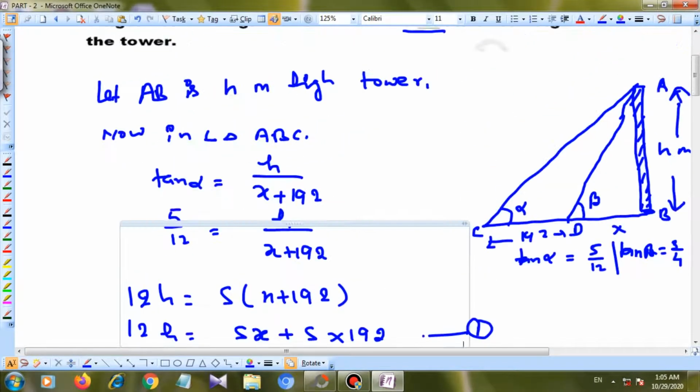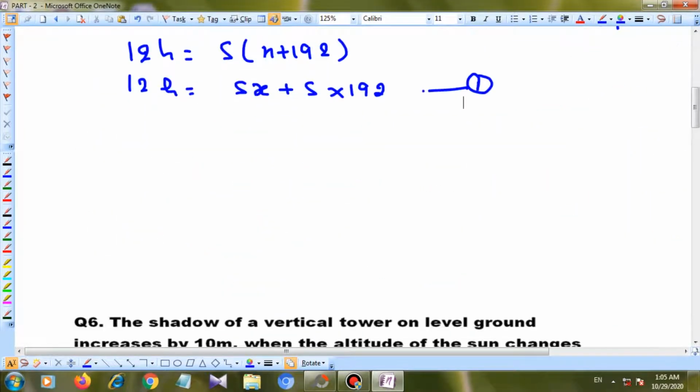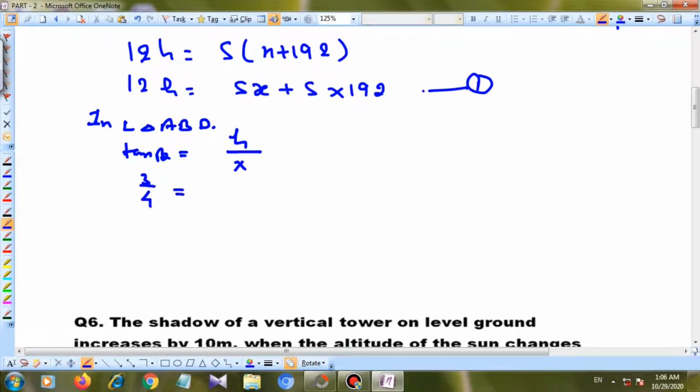Now in right angle triangle ABD, tan beta equals h upon x. Tan beta is given 3 by 4.